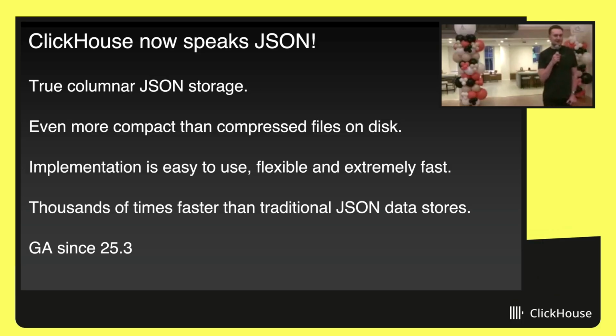The question is about Iceberg and how the JSON support interacts with Iceberg. What is interesting is that Iceberg does not have native JSON support. The Iceberg data format and Parquet as well do not have good support for semi-structured data. So either use MergeTree, or if you use Iceberg, you can use it for importing data.